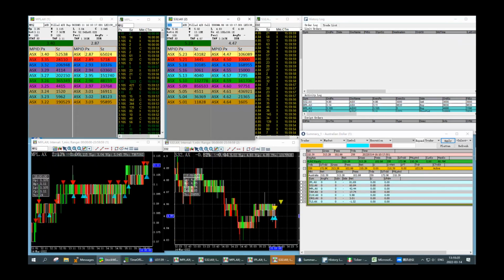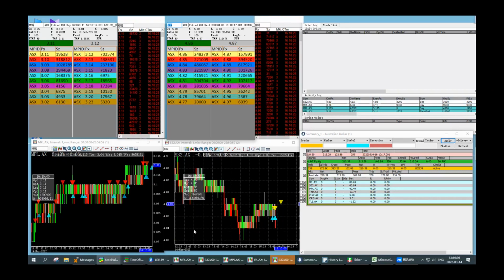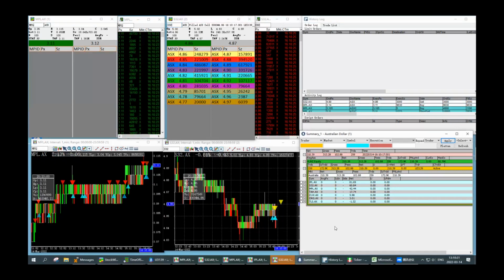Here you can see my position has been flatted, and finally I made 210 Australian dollars in this day. 210 Australian dollars.